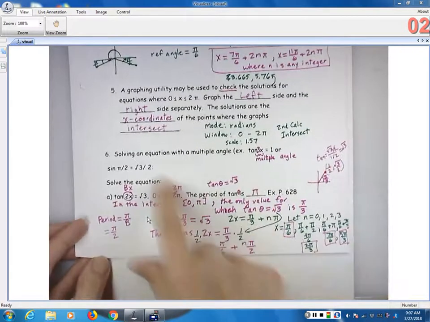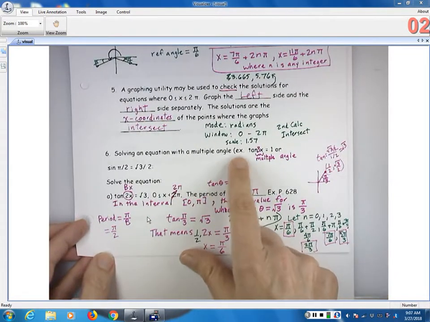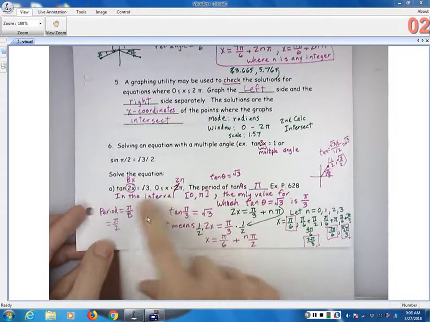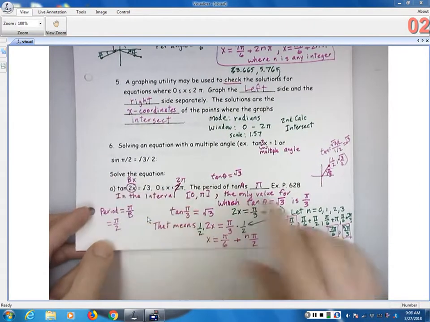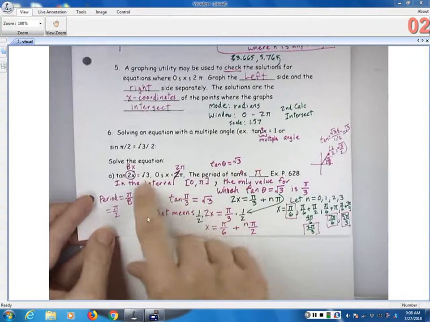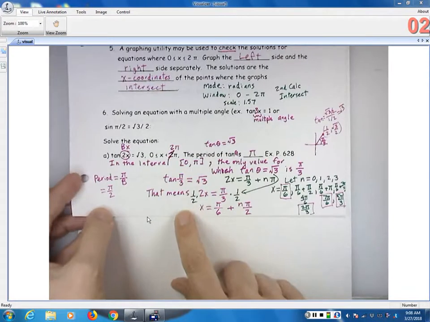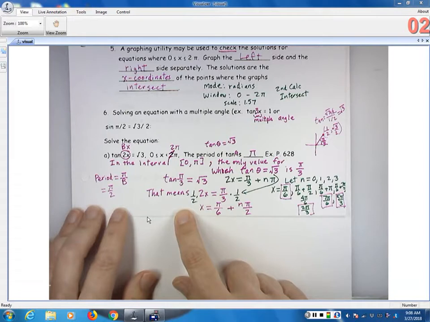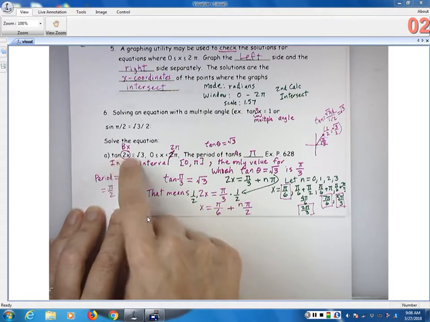So, solving an equation with a multiple angle, for instance, tangent of 3x equals 1. Anyway, so we did a multiple angle, and what we had to do is, if this wasn't by itself on one side, we get it by itself on one side.